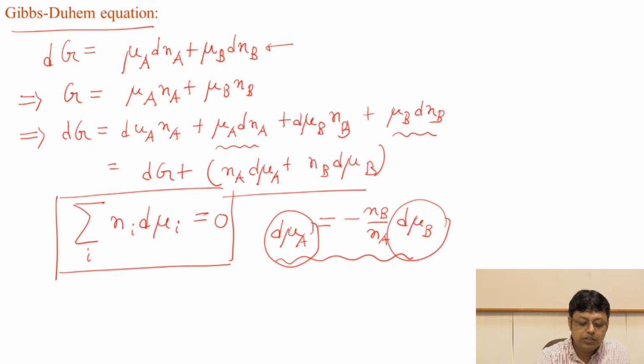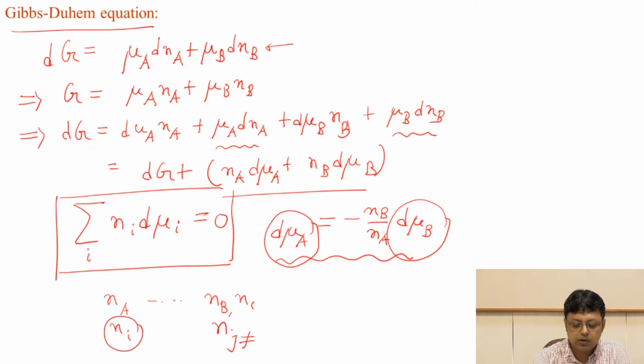However, you could change the mole fraction. Remember, we changed the mole fraction of A, keeping all other mole fractions constant, NB, NC, whatever. So we said that we can change Ni, keeping all the Nj's constant where j is not equal to i, and then study how the Gibbs free energy or any thermodynamic quantity is changing.